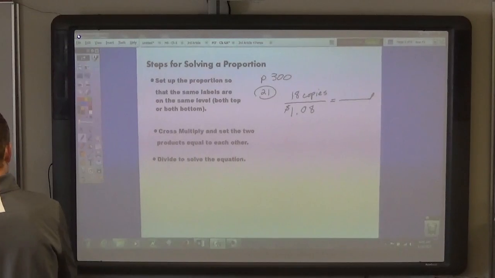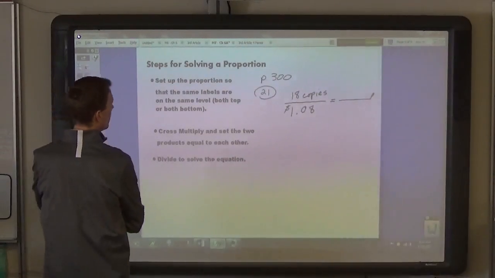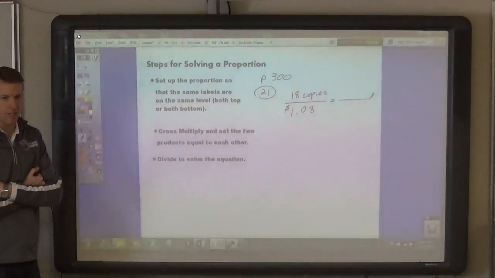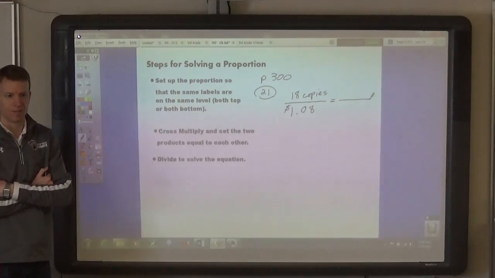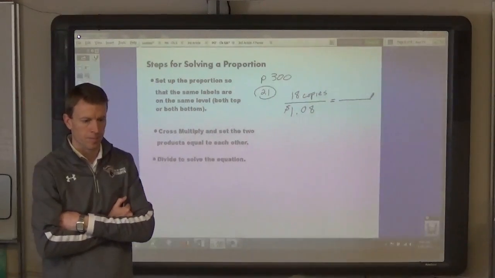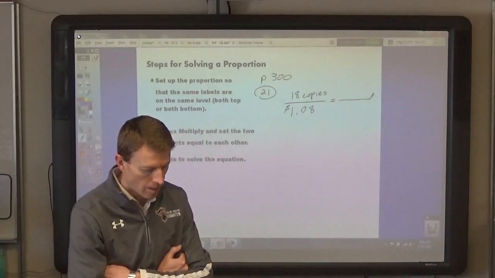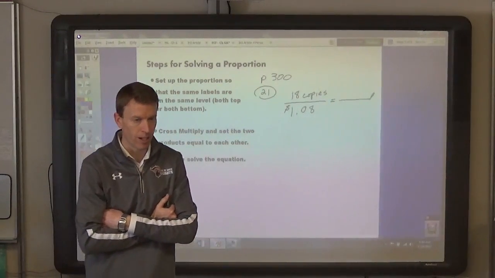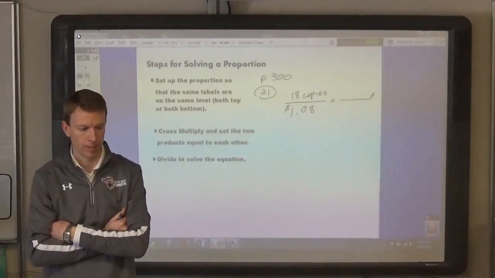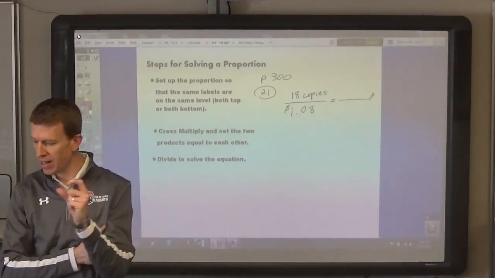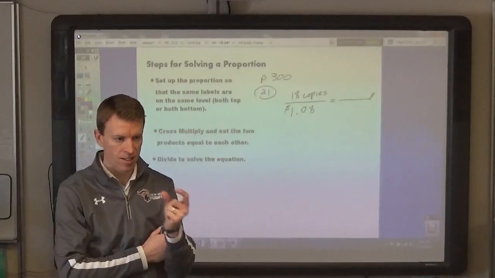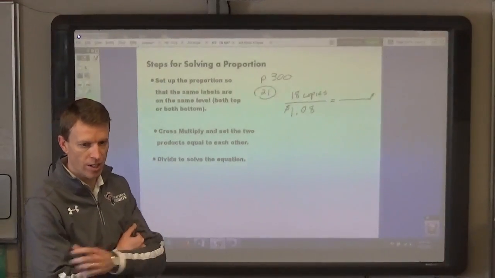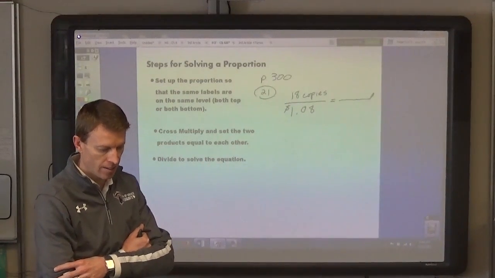What can you put on the other side? C, yeah, C for cost or D for dollars? Yep, either one would be fine. M for money? Yep, those are all good, as long as your letter has a meaning and references what you are trying to find.